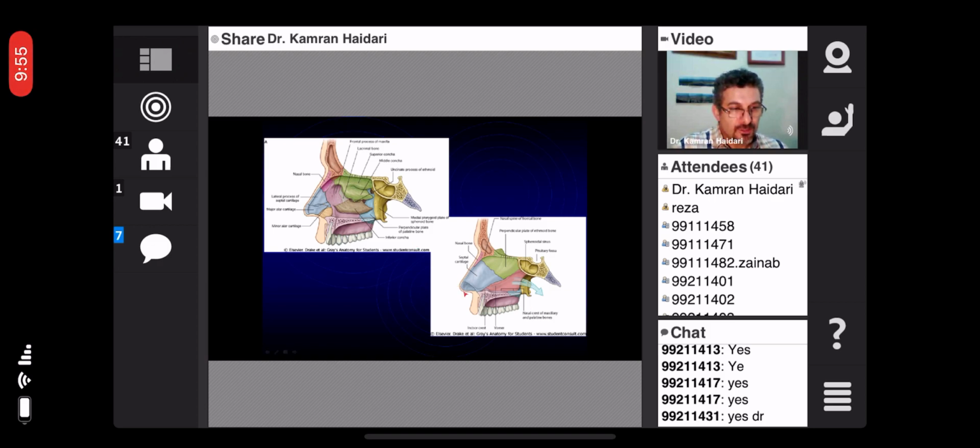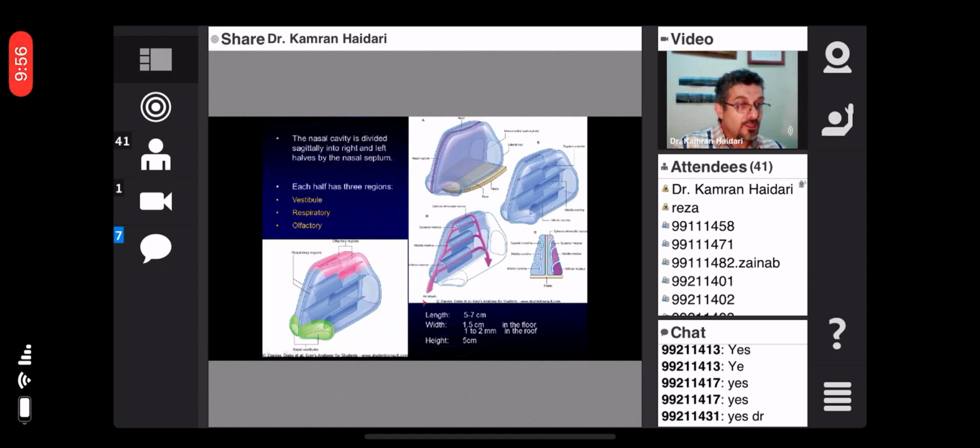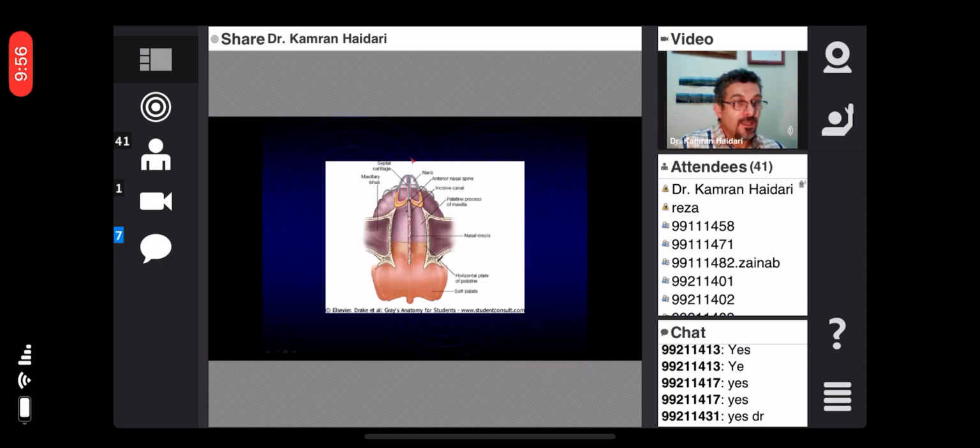And you can see the contribution of the greater alar cartilage or major alar cartilage. This is the medial crus of the major alar cartilage. I will show you in another picture.